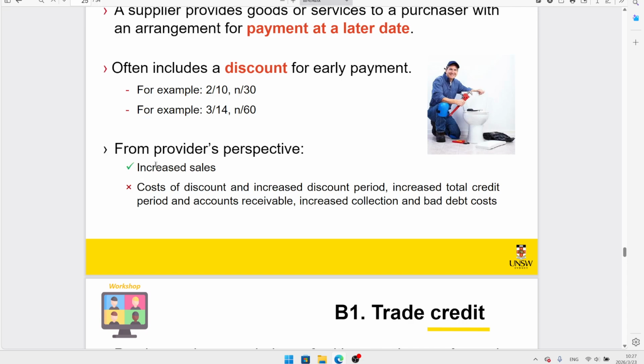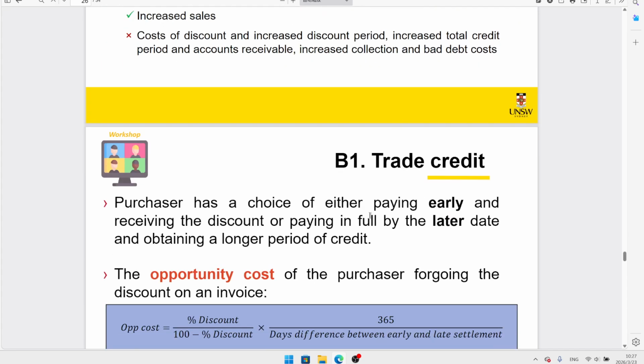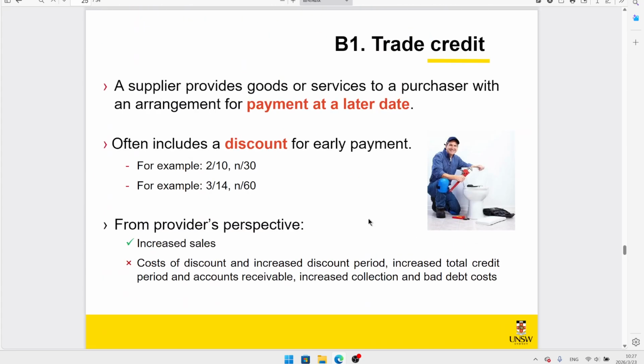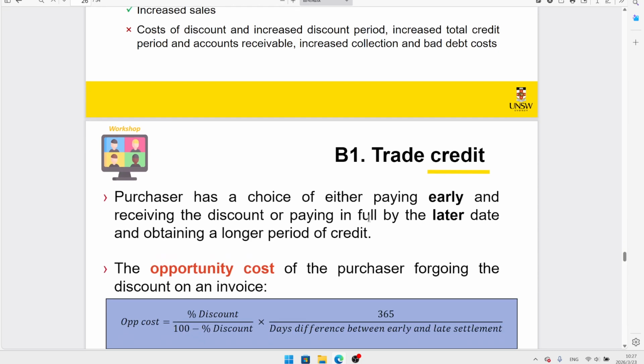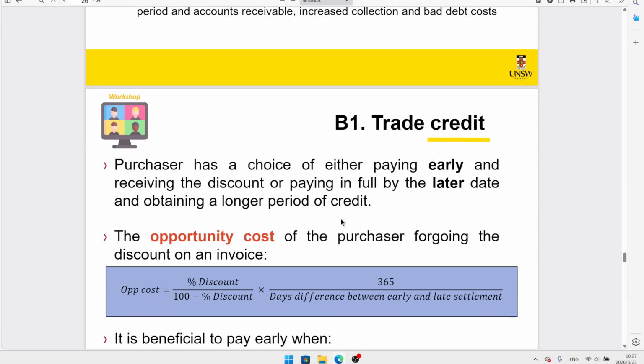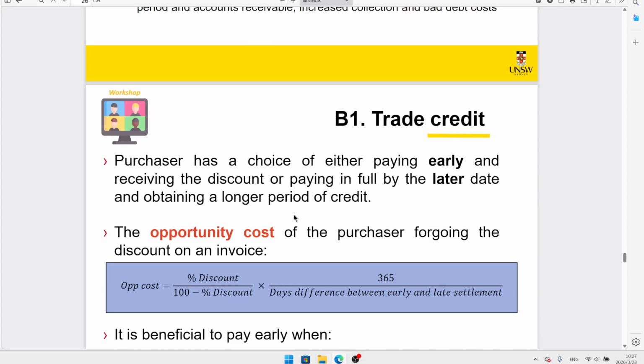From the provider's perspective, it increases sales, but there is the cost of the discount and the increased credit period, increasing total credit period and accounts receivable, including collection and bad debt costs. So with trade credit the purchaser has a choice of either paying early and receiving a discount, or paying in full at a later date and obtaining a longer period of credit.